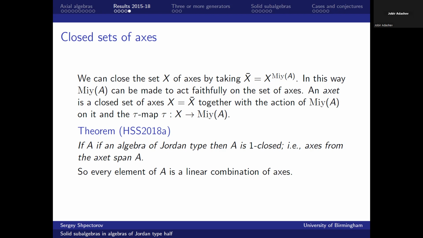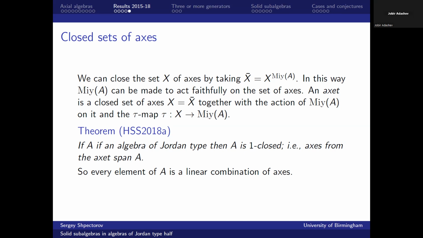And when you apply all automorphisms from the Miyamoto group, you get something that we call the closure of the initial set. And this is also a set of generators, and the Miyamoto group now acts on this set, and this leads to a concept of an X-set and to some things which we had to do when we try to compute these algebras, the computational side of the theory.